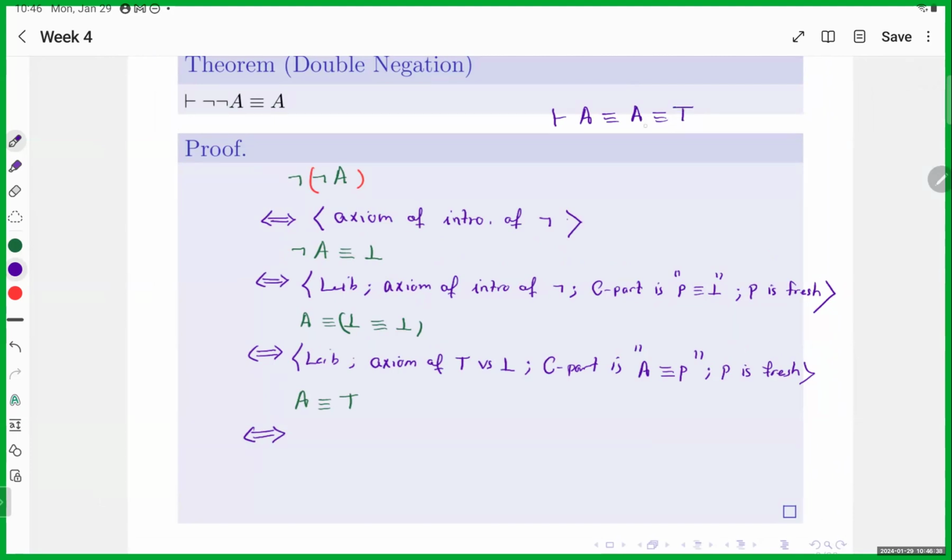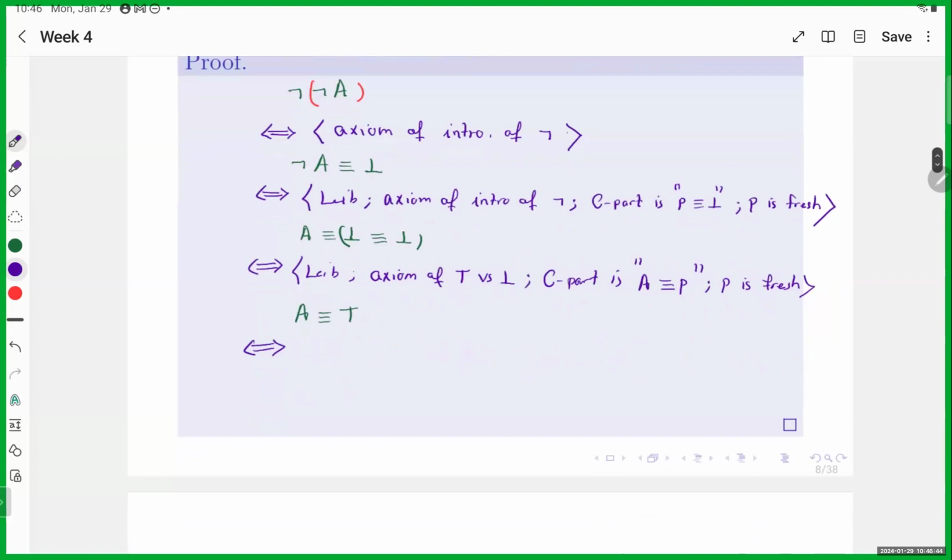So A is equivalent to top is equivalent to A. We've already proved this. I don't need Leibniz here. Why? Because I'm just replacing the entire formula with what it's equivalent to, and that is A. So redundant true.